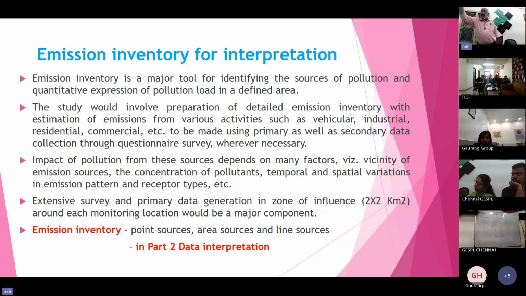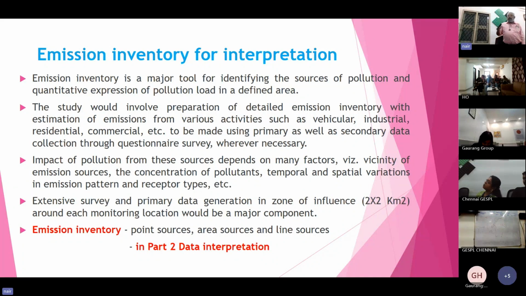Then the impact of pollution from these sources depends on many factors: vicinity of emission sources, concentration of pollutants, temporal and spatial variation in emission pattern, and receptor types. Suppose in the nearby industry you are not getting any data, you can use research papers and get secondary data for similar industries.